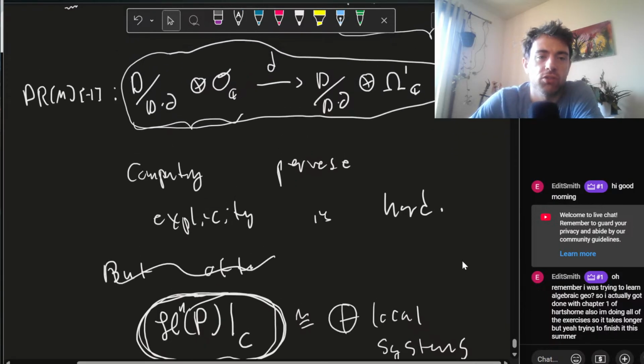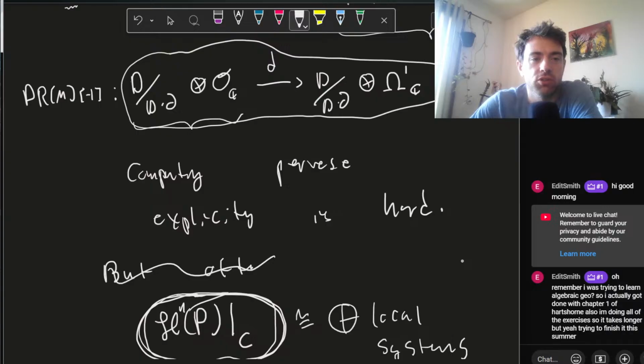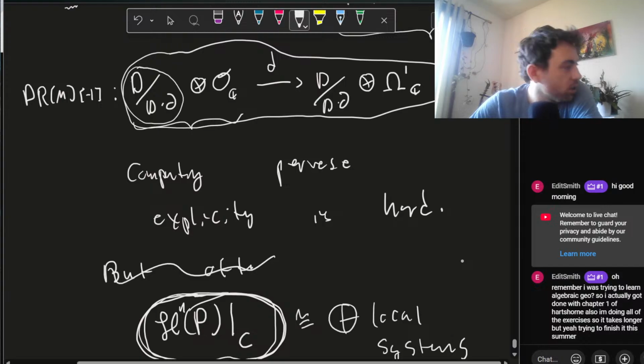So in this case, notice that this sheaf is basically just O_X, right?